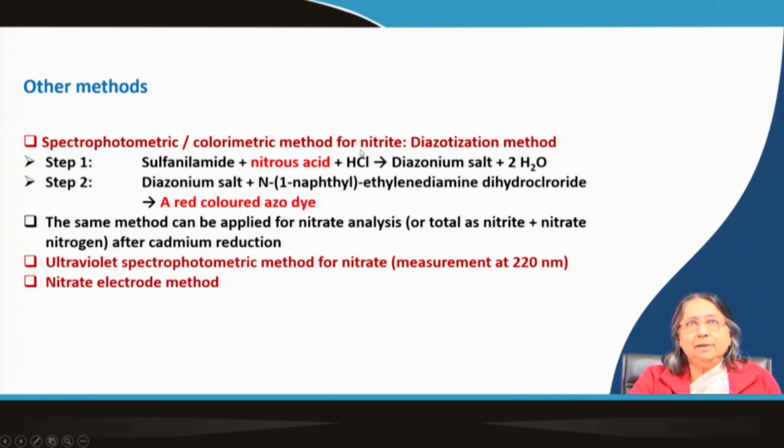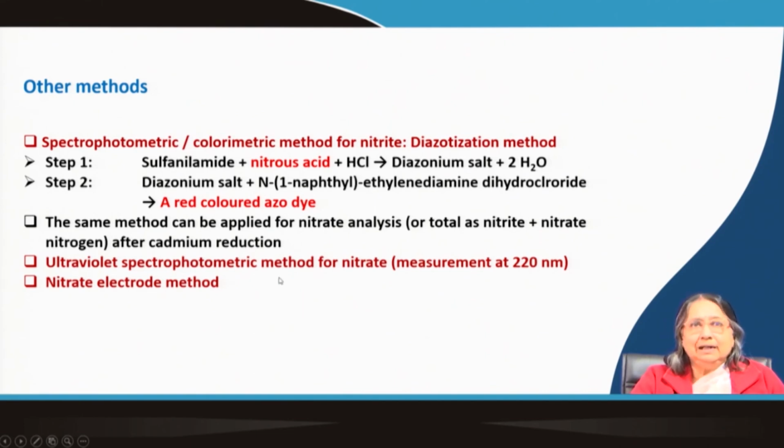This is basically a method for nitrite determination, but if you have nitrate, then you can convert the nitrate to nitrite first by some reduction. This is cadmium reduction, cadmium amalgam actually used, and then finally you are getting the nitrate plus nitrite total. If there is any nitrite, then you will get the total, but if there is no nitrite, then you will get the nitrate. So, basically it is the same method, but another step is there, that is the reduction step.